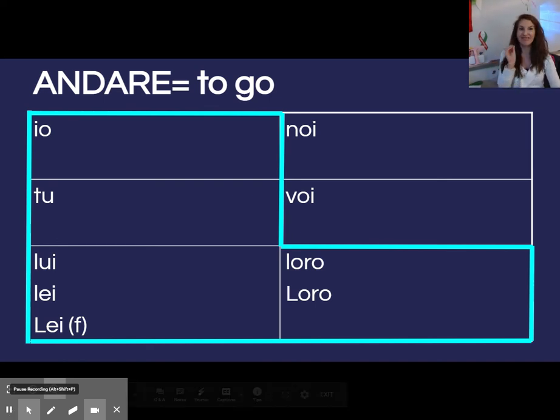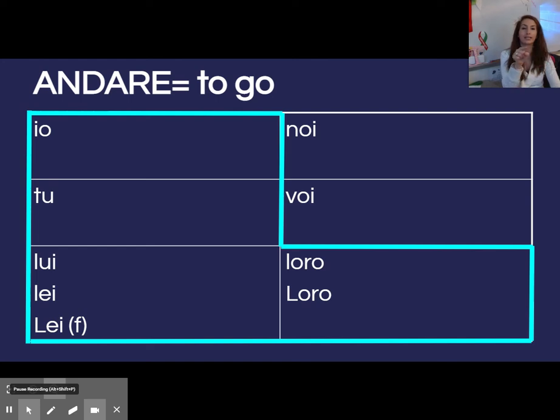Now, questa volta, this time, I actually outlined the box in a different colore, in a different color. And for this, I actually encourage you to have due colori, two colors to write these conjugations in your notes. Io, tu, lui, lei, and loro will be in un colore, one color, the same color you outline the box in. And then noi and voi in a diverso colore, in a different color. The reason being, sono diversi, they are different. You'll see perché, you'll see why.